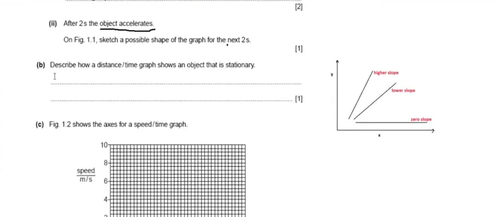Here is part B of the question: describe how the distance time graph shows an object that is stationary. We know that in the distance time graph the slope is speed, and for a horizontal line the slope is zero, so the speed will also become zero.